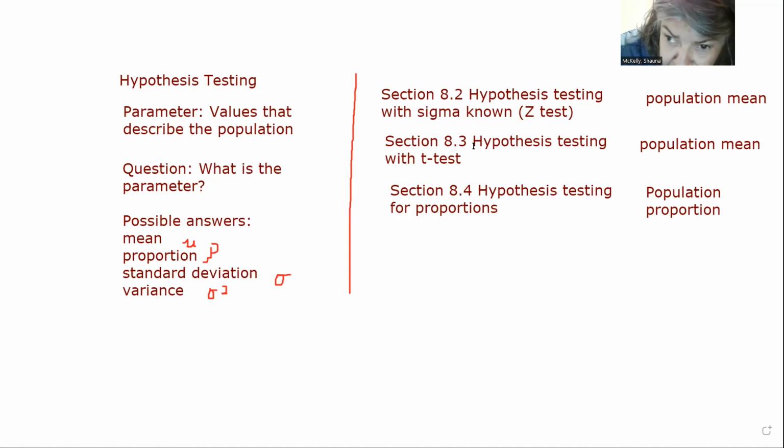The other thing I wanted to address is that in section 8.4, there are a couple of specific hypotheses. So let me stop sharing my screen at this time and share the PowerPoint slides. Actually, let me share the book first.